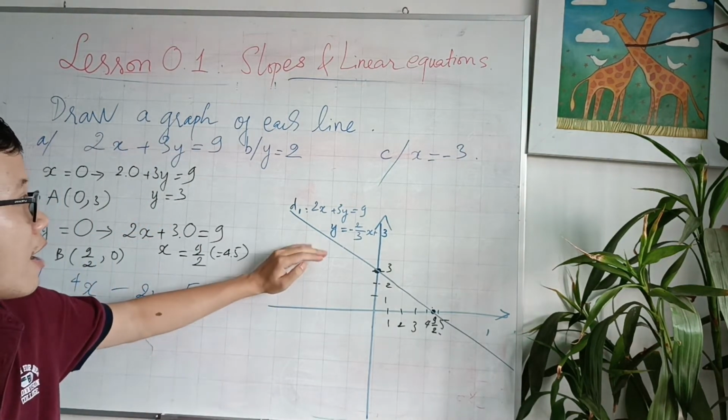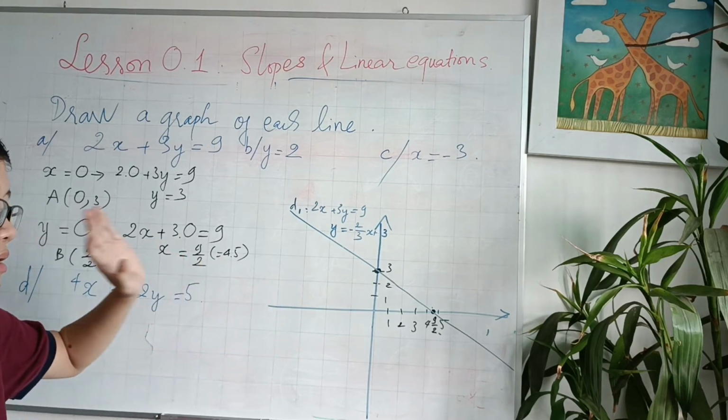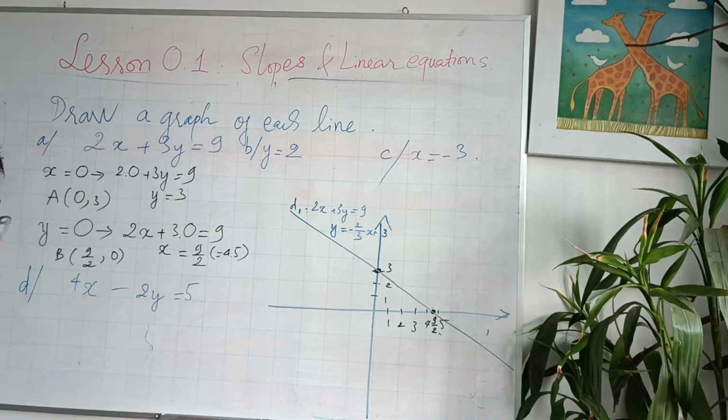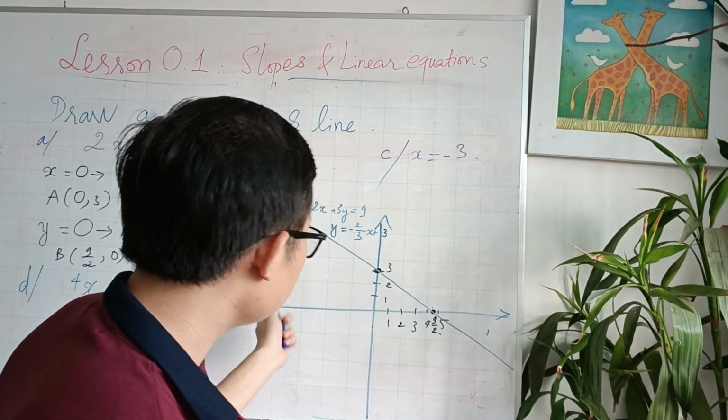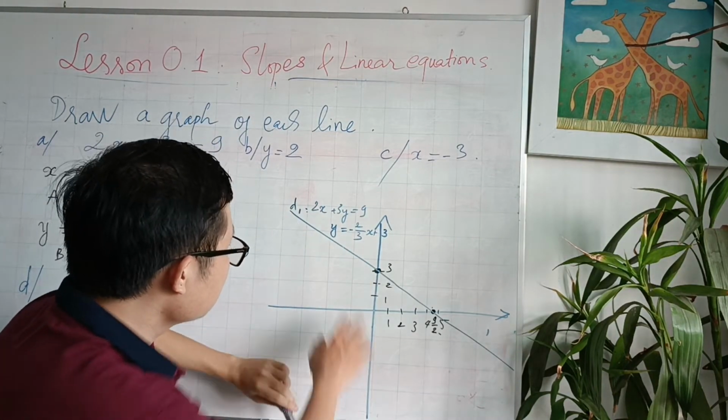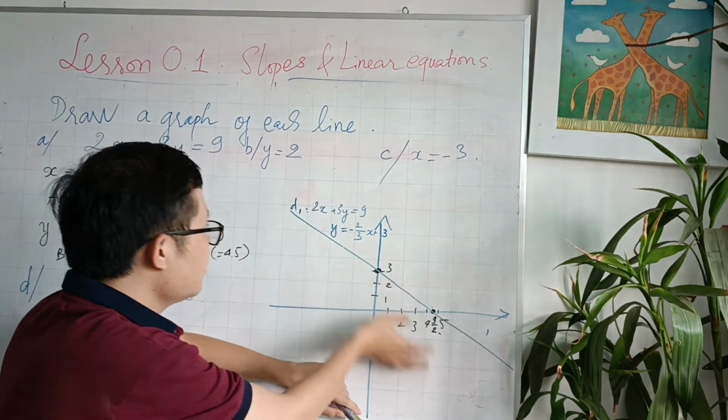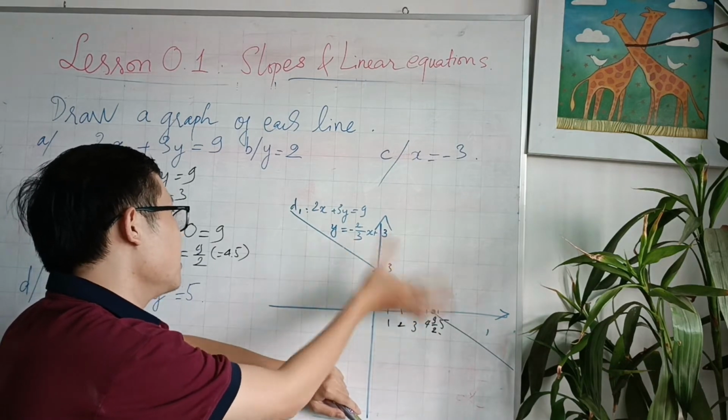So when you have the slope-intercept form, you can use this form to sketch the graph in another way.